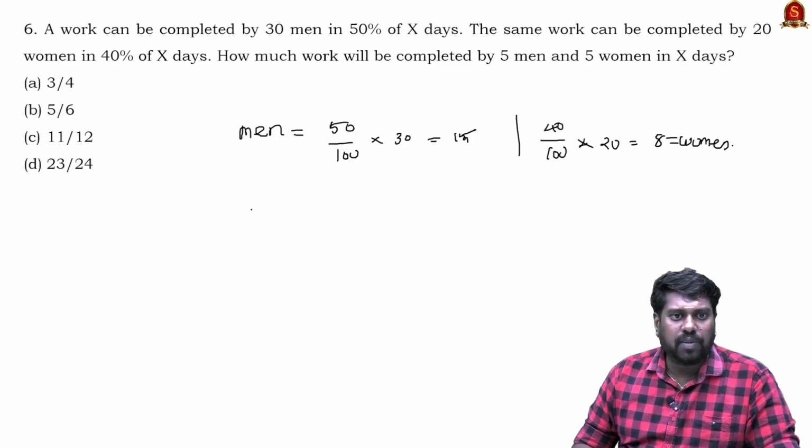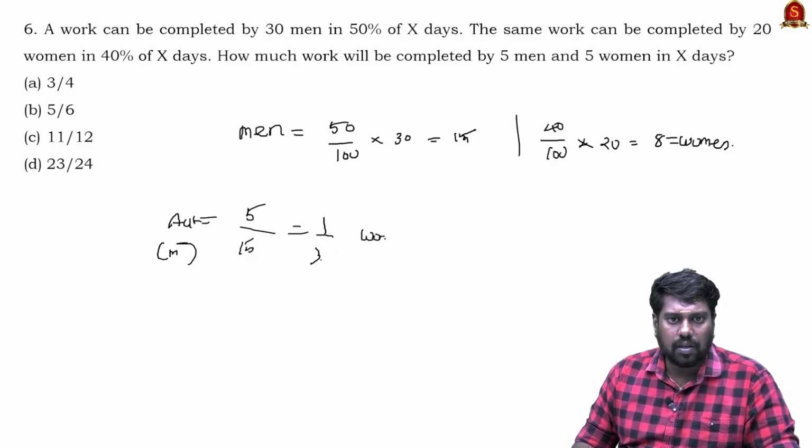So 5 women will be how many parts? 5 by 15 for men, which is 1 by 3, and for women it will be 5 by 8. So how much work will be completed in total is the question asked here.